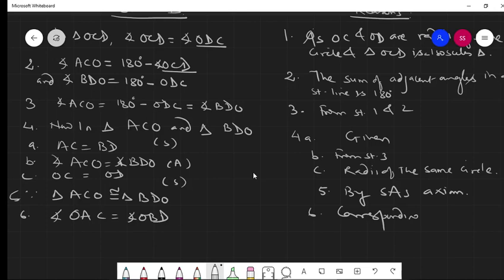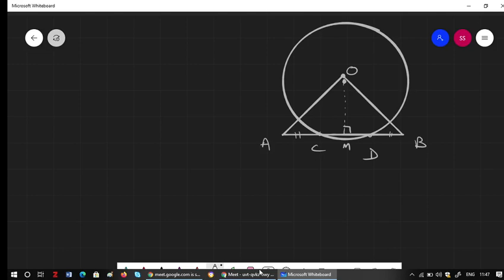Triangle OAB is an isosceles triangle, that is from statement 6, base angles are equal. Proved. In this way we can prove this theorem. Shortly I will tell the way.